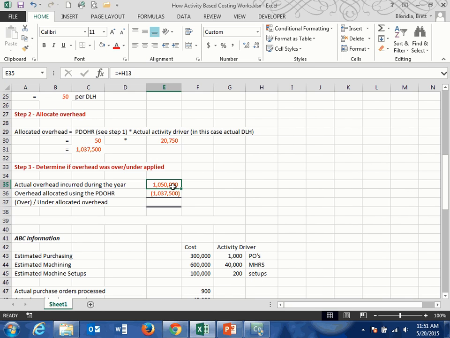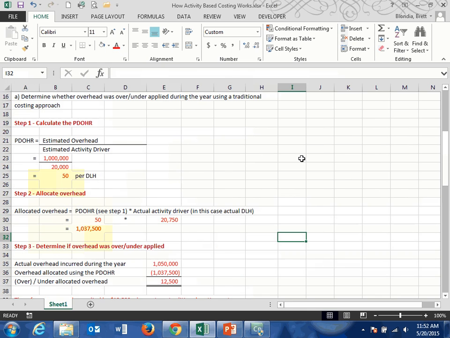So that means we allocated less than we incurred. Therefore, we are under applied by $12,500. And this amount would most likely end up getting posted to cost of goods sold. If it was a more significant amount, there is a proportional method, like I said, that you could use to allocate it between inventory and your cost of goods sold.